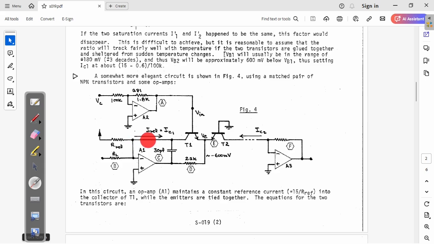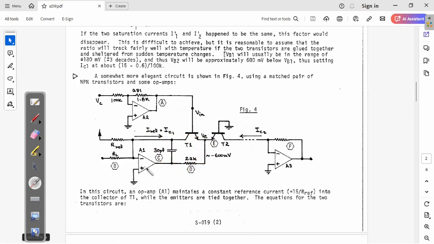So we want this current here to be constant. And the way to achieve that is by using an op-amp here. As you can see, the non-inverting input is at ground level, meaning that because we have a feedback loop here.